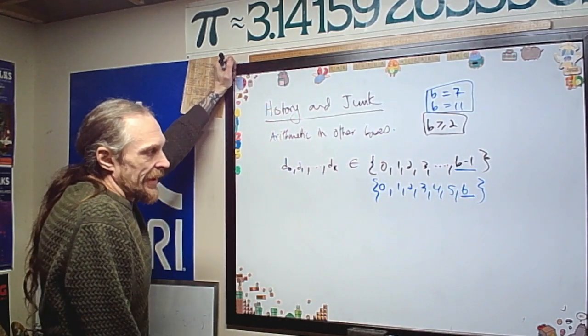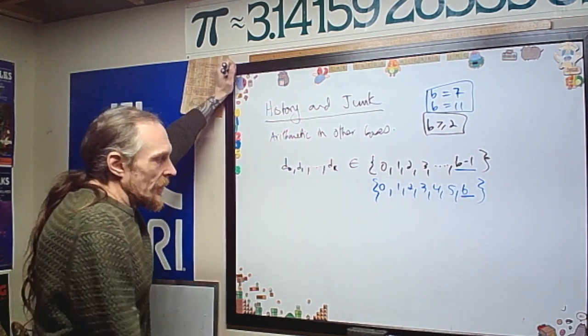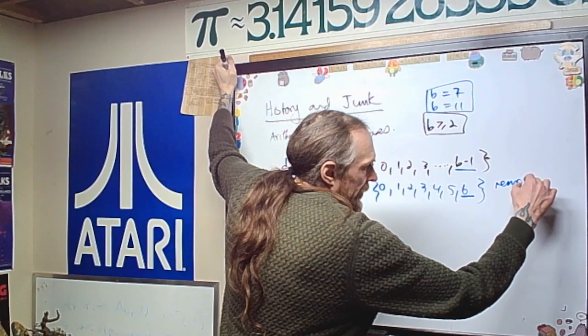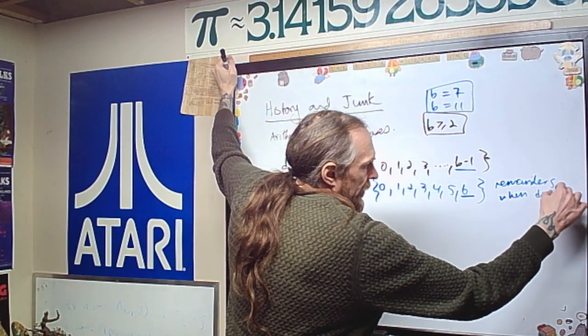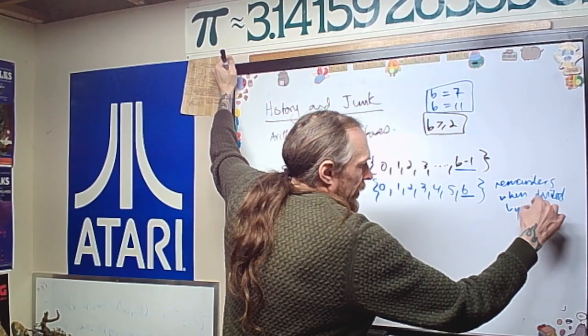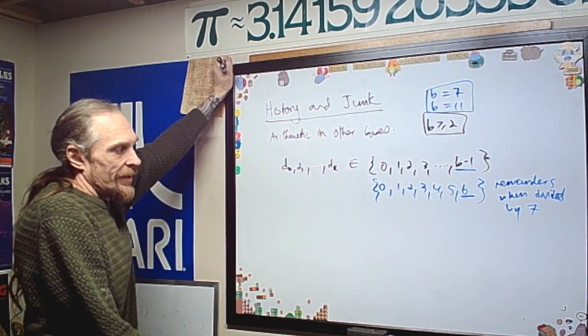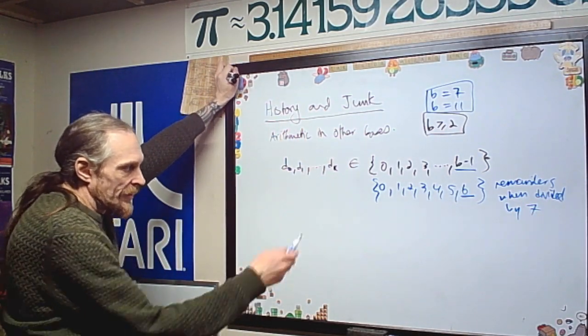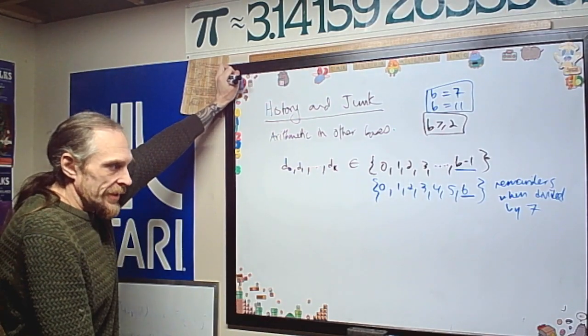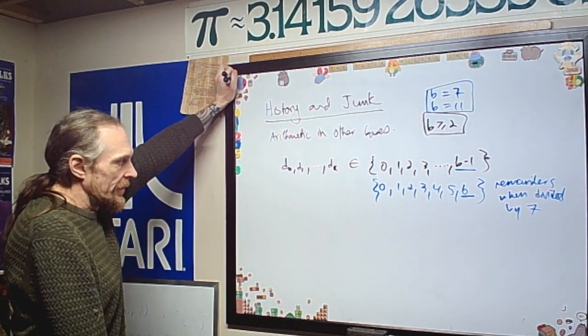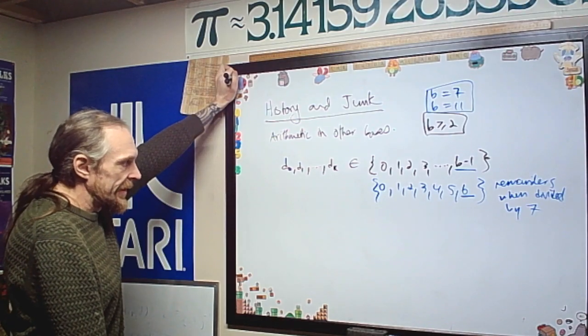In the theory it looks slightly different, but that's all they're saying. And notice that these are the remainders when divided by 7. Any number that is divided by 7 has to leave a remainder between 0 and 6, and so we collect those digits. We'll use long division in our process today.